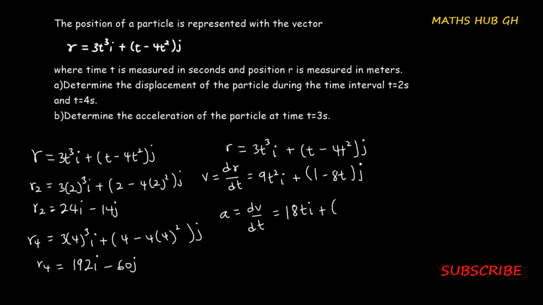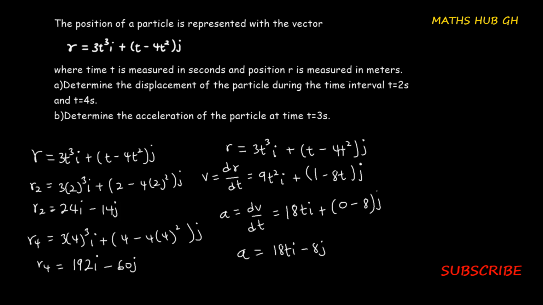When I differentiate 1, I'll get 0. Then when I differentiate minus 8t, I'll get minus 8, and then the j. So in all, you're going to have the acceleration to be 18t i minus 8j.